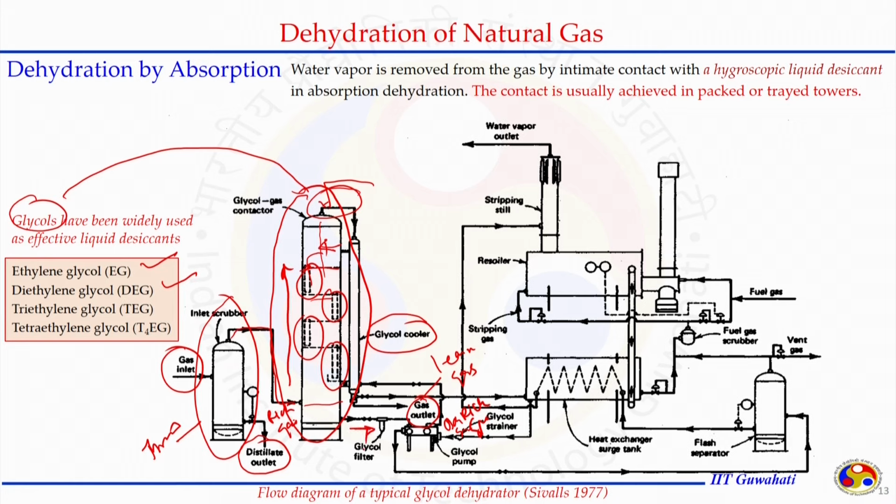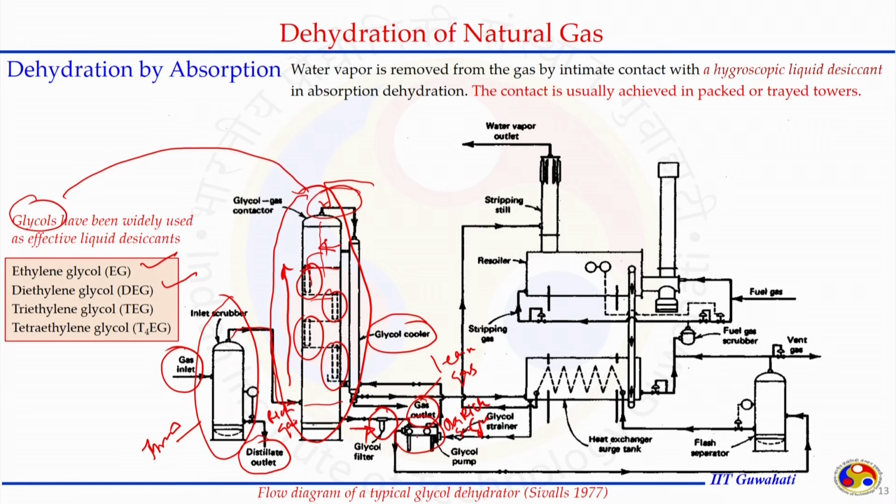So, this is the place from where the rich glycol is getting out of the tower. It should go through some filter unit where any impurities that enter the glycol should get separated out, because it is going again to a pump and any impurities may damage the pump.